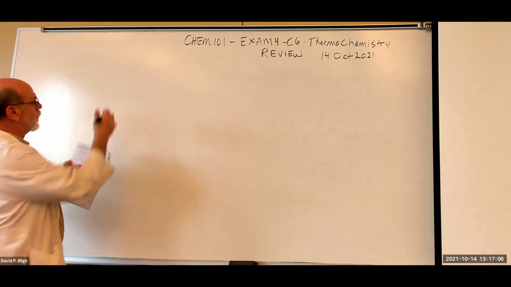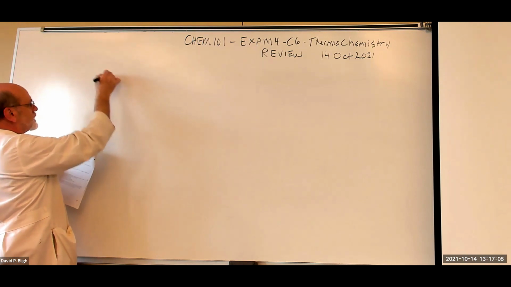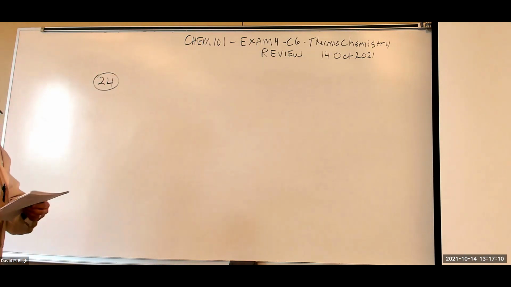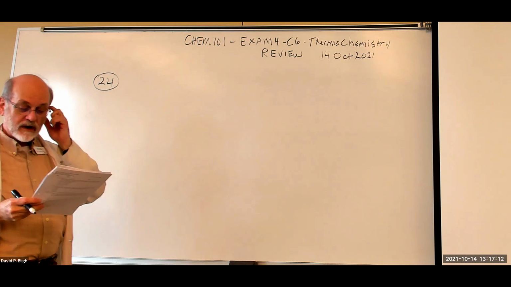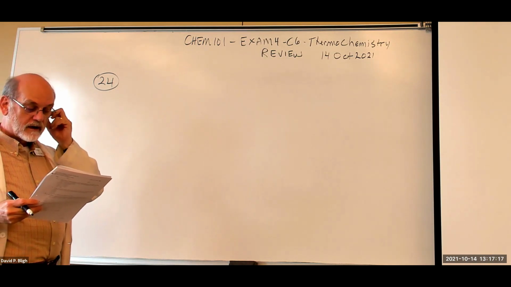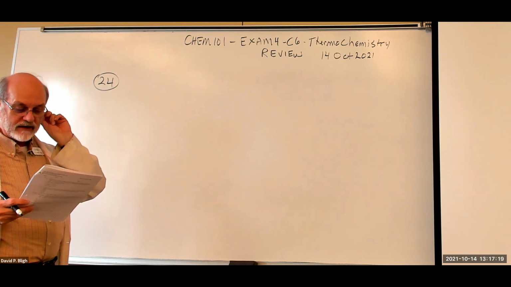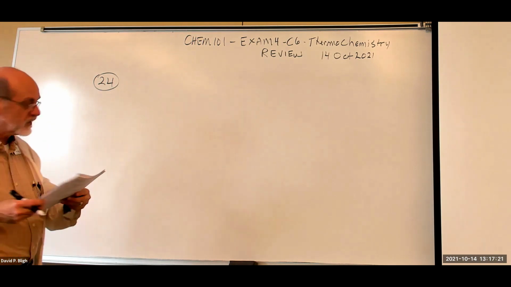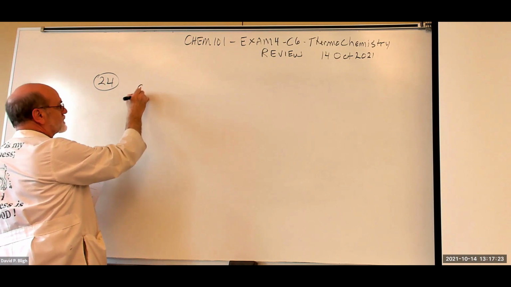Okay, 24. Now we're going to get into a little calorimetry. How much heat is required to raise the temperature of a 5.75 gram sample of iron from 25 to 79.8 degrees Celsius? This is really simple. What's the definition?